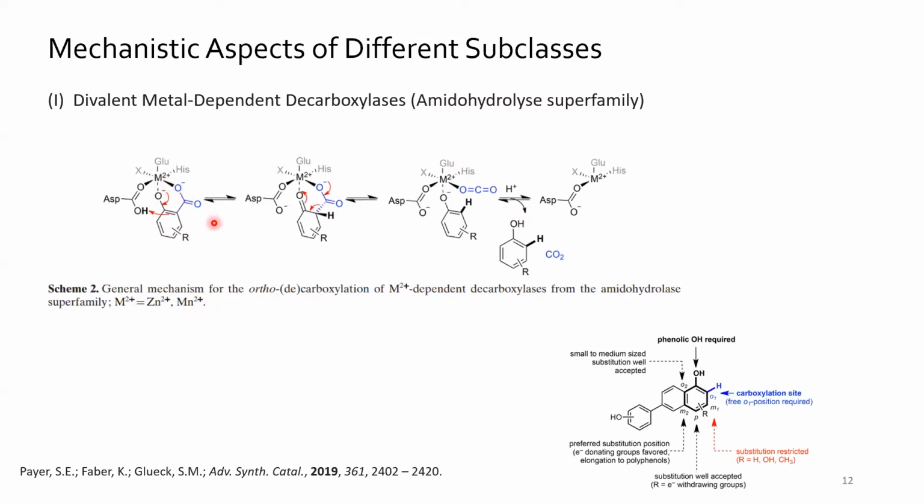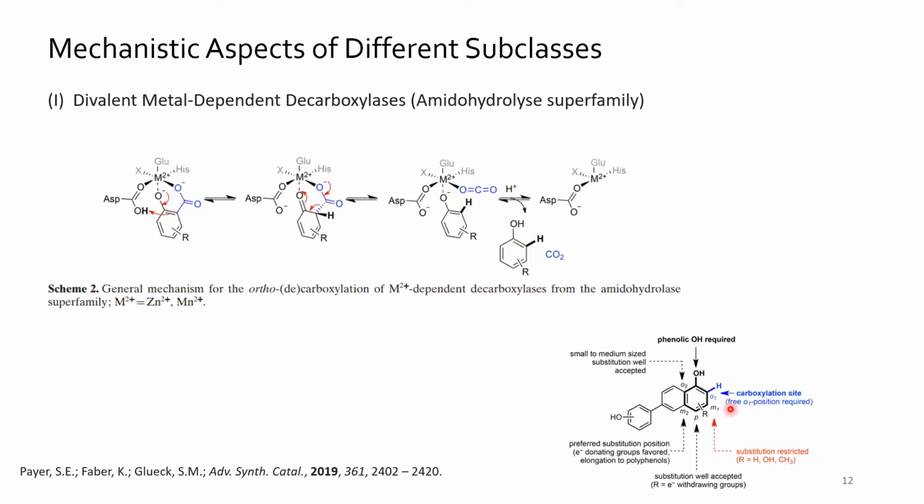And by help of this aspartic acid residue, a protonation happens at the ipso carbon of the carboxy group, which also leads to the dearomatization. And this decarboxylation is accompanied by rearomatization, which is followed by the release of CO2 and the product molecule here.